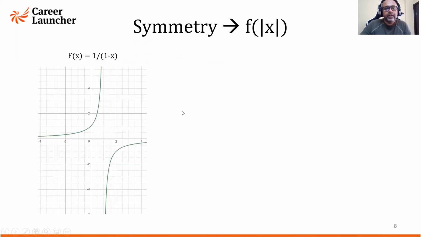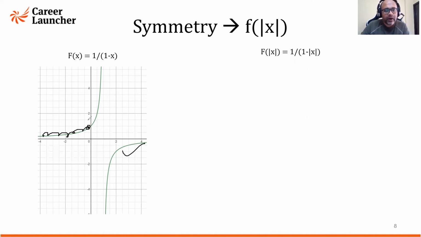Okay. So let's take an example and see what is happening. So if f of x is given to you as 1 by 1 minus x, then f of mod x will be 1 by 1 minus mod x. And this graph, as you can understand, I'm supposed to first delete this part. Now only this part will be deleted because this part will remain.